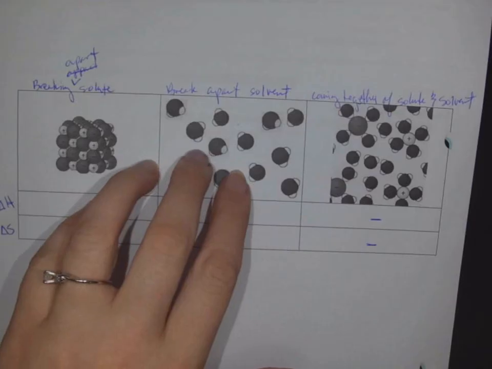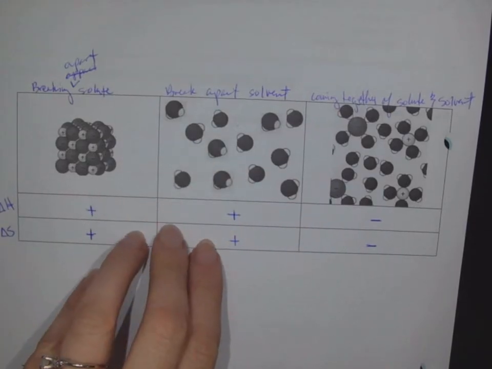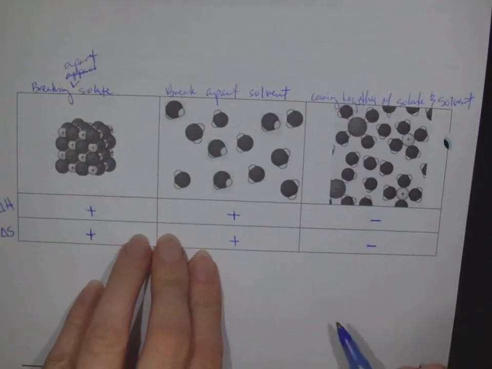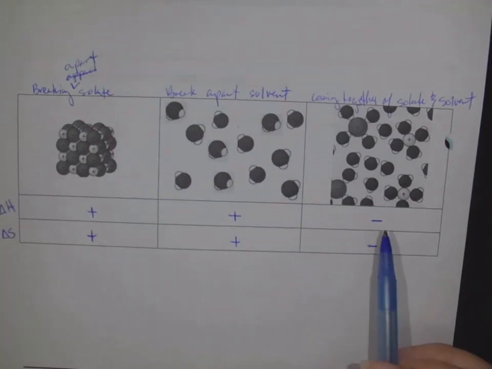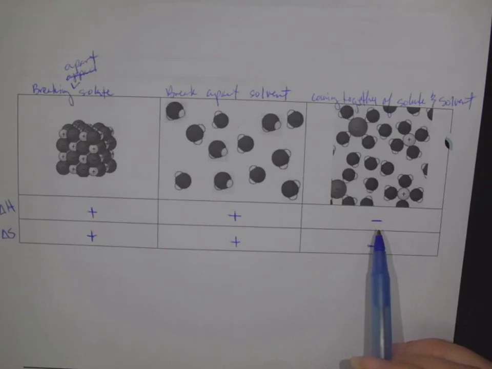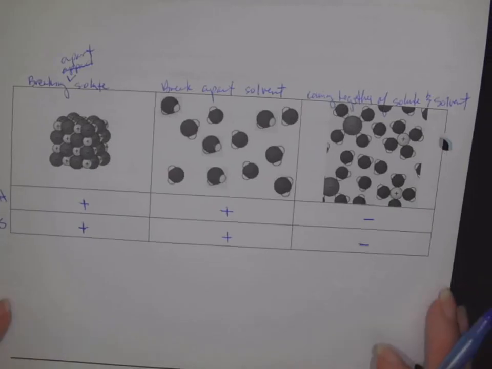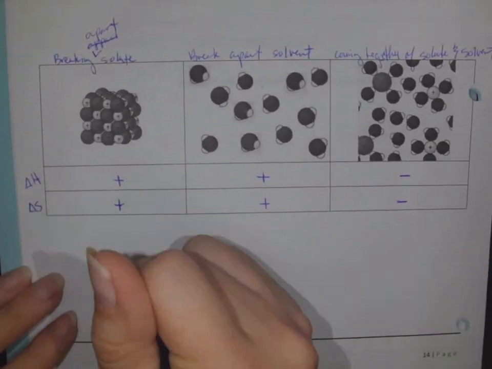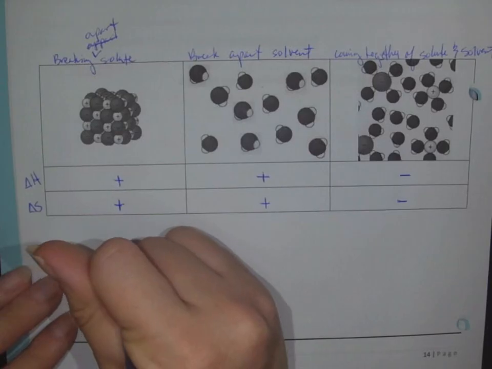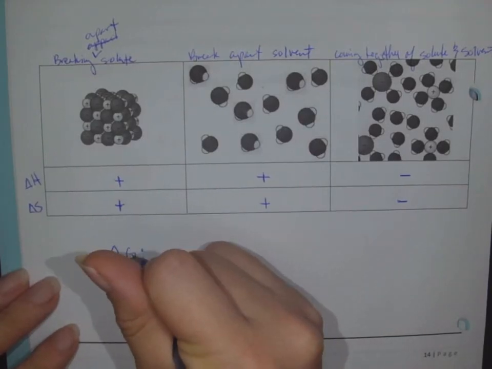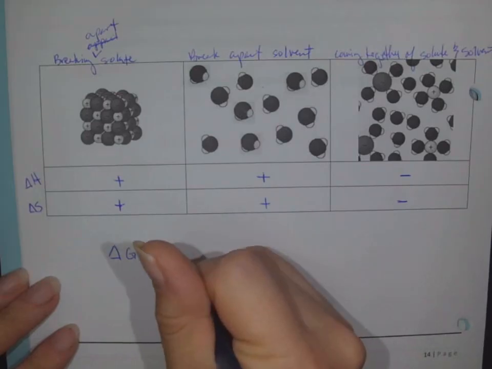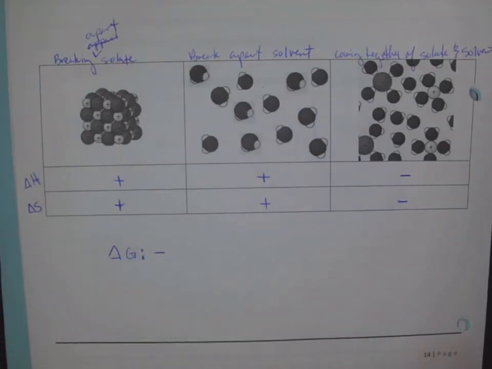When we break these items apart, we have a positive value for both delta H and delta S. When they come together, we have a negative value for delta H and a negative value for delta S. We know that if dissolving something actually happens, then it was thermodynamically favorable, and that means our delta G was a negative value.